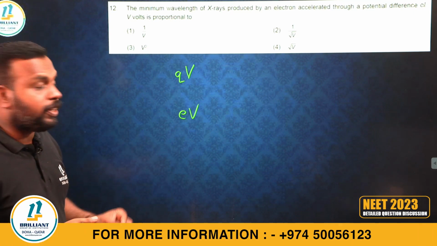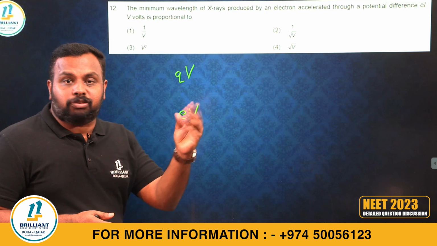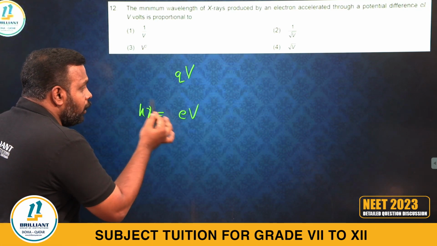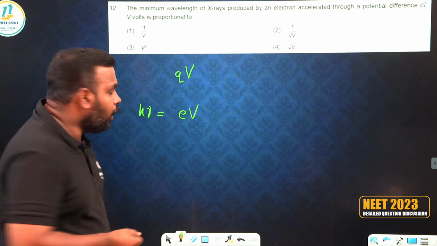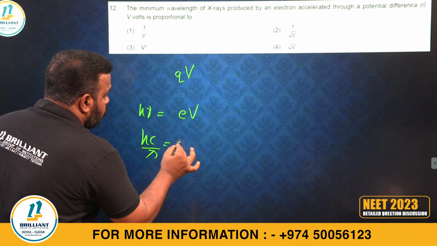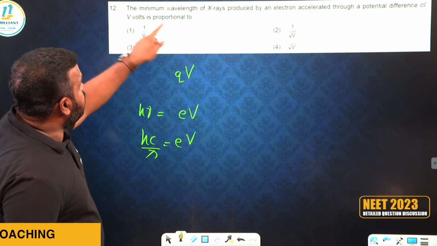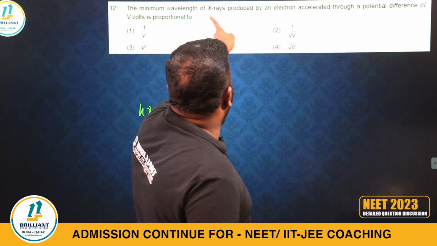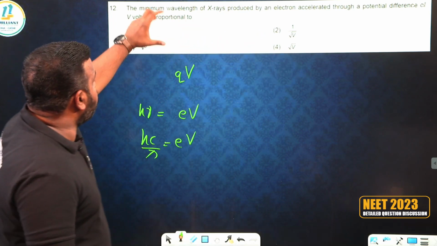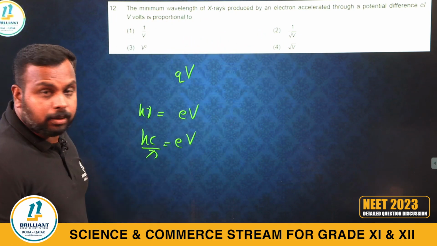Energy of X-ray means, using the idea of the photon concept, energy is equal to h nu. So h nu is equal to eV. That means nu is c by lambda, so hc by lambda is equal to eV. Here they are asking the relation between minimum wavelength and potential difference.